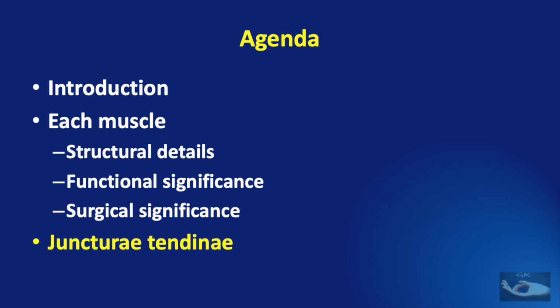And we shall end with the study of the Juncturae tendinae, that is the interconnections that occur before the extensor expansion forms. The details about the extensor expansion will be dealt with later in the next video.